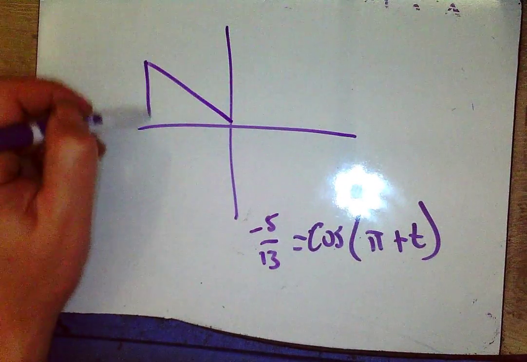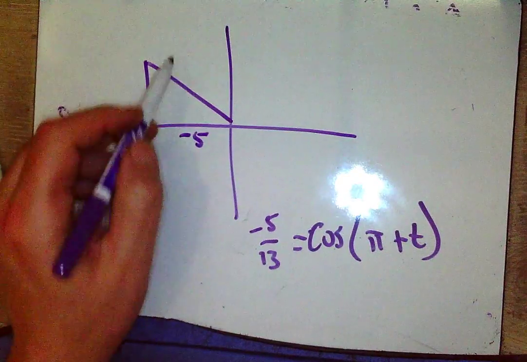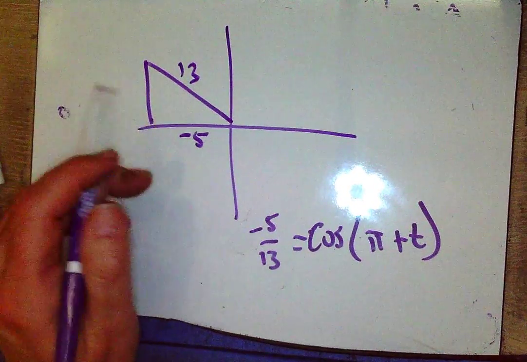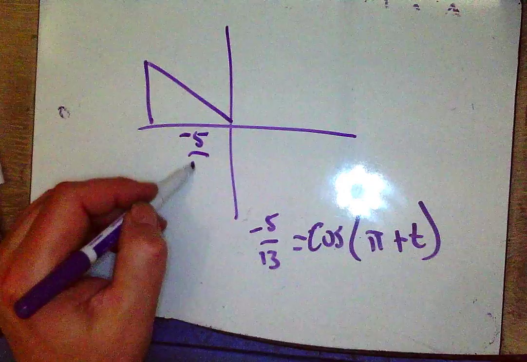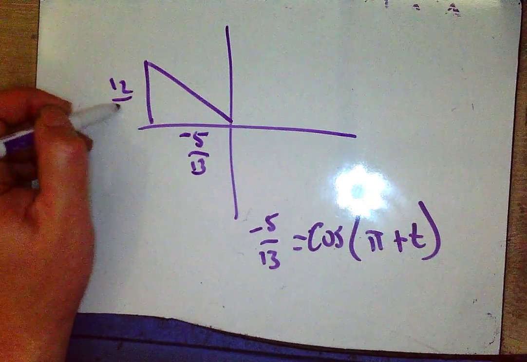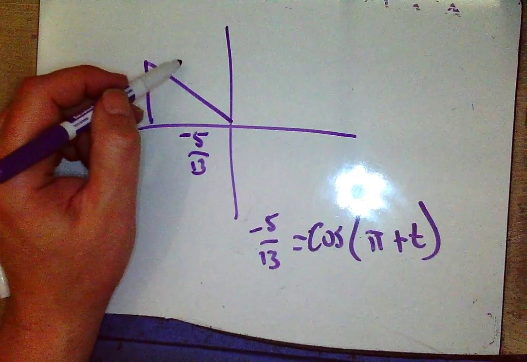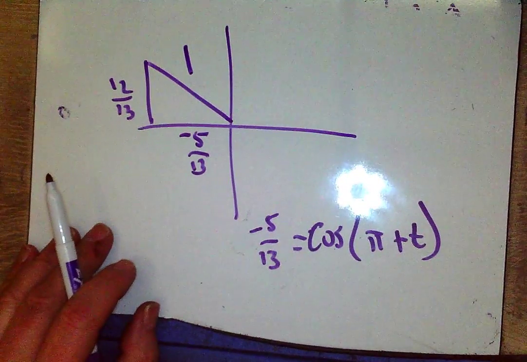Okay, so there's cosine, we've got negative 5, we've got 13. This is 12 over 13, and this is 13 over 13.